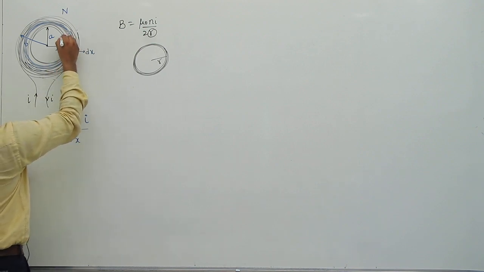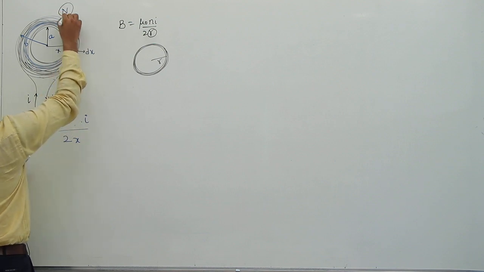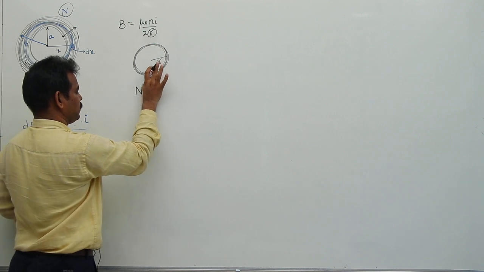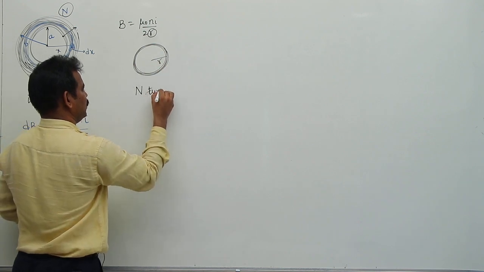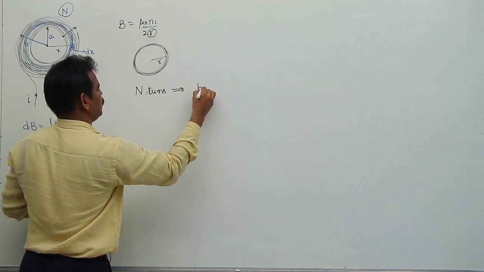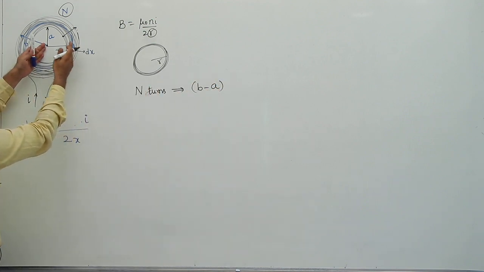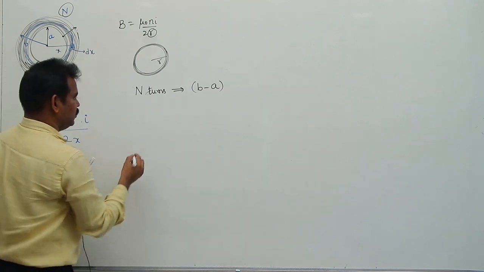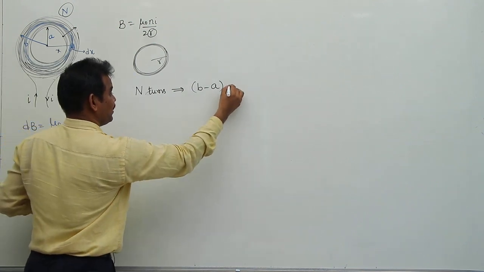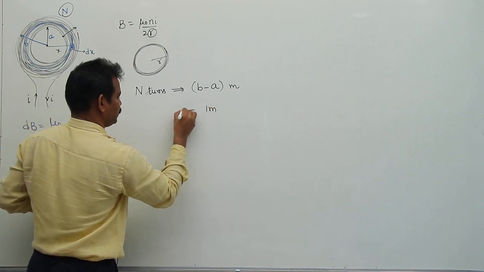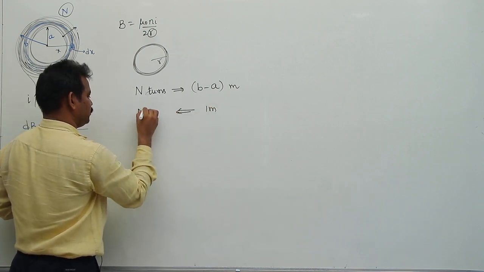the total number of turns from here to here are N. So N turns are present in a width of b minus a. This is b, this is a, so this is the width b minus a, in meters. So for 1 meter width, what is the number of turns?